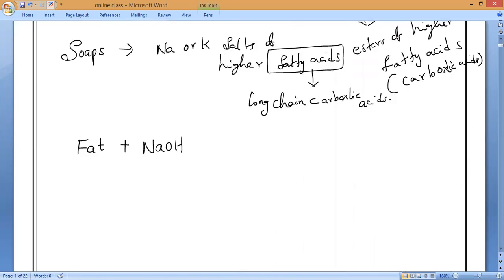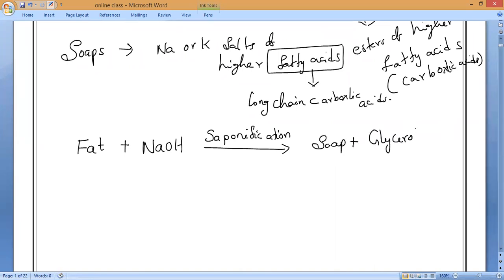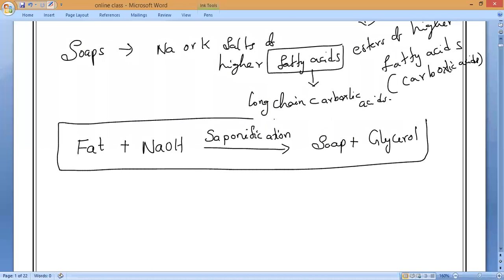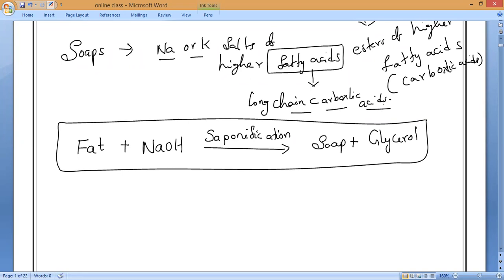That is the equation of formation of soap. So fat reacts with sodium hydroxide. What is the name of that process, everybody? Saponification, which will give you soap plus glycerol. That is the formation of soap, and soaps are the sodium and potassium salts of higher fatty acids or long chain carboxylic acids.